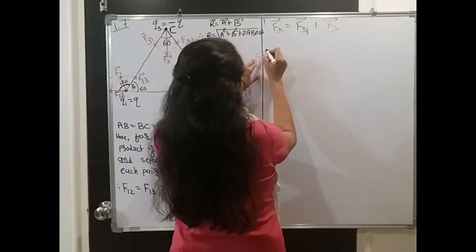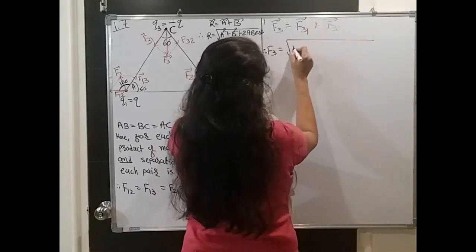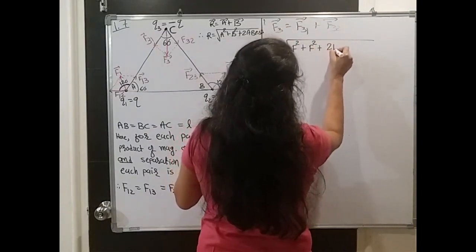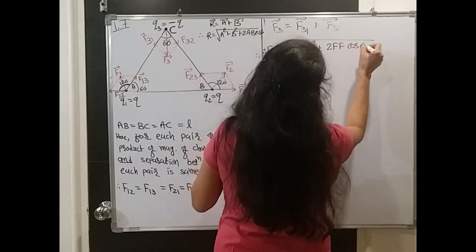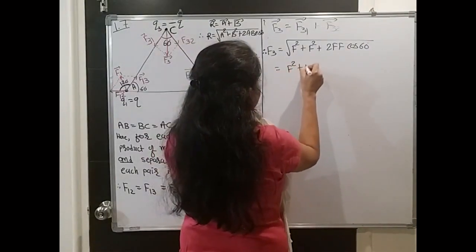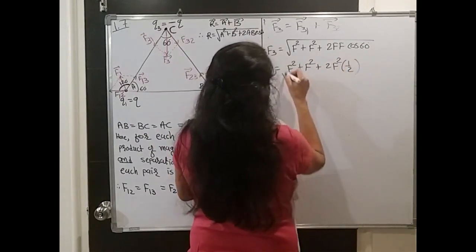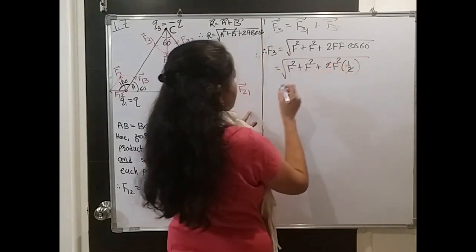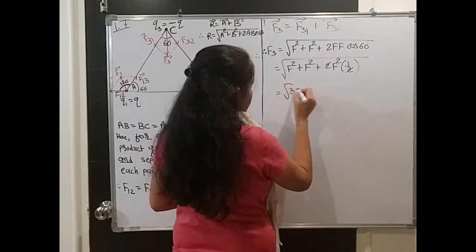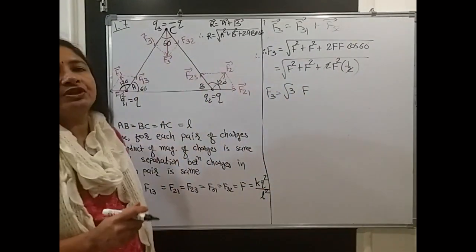So the magnitude of F3 equals under root F square plus F square plus 2FF cos 60. Cos 60 is 1 by 2. So it is F square plus 2F square into 1 by 2. The 2 gets cancelled. So it will be 3F square, and after taking the square root, it will be root 3 times F. So the magnitude of F3 is root 3 times F.